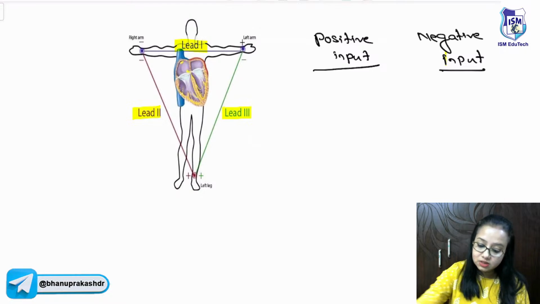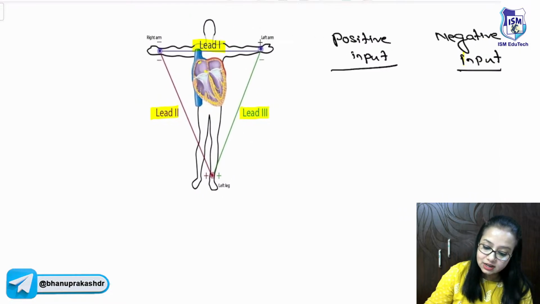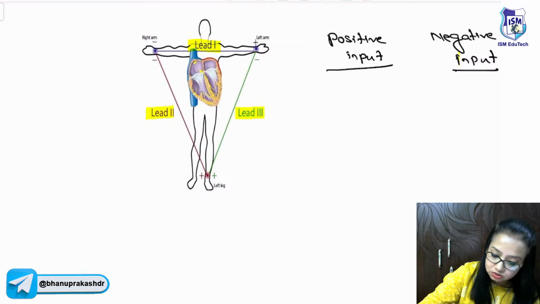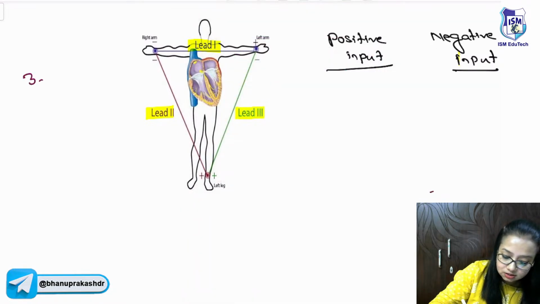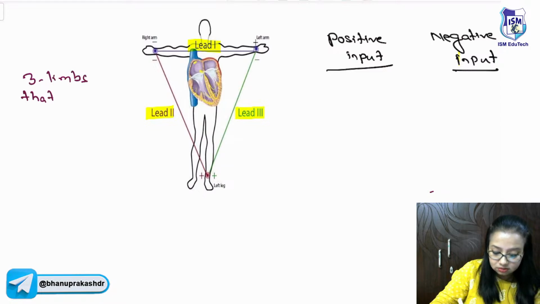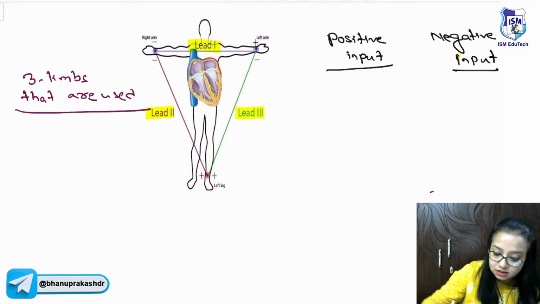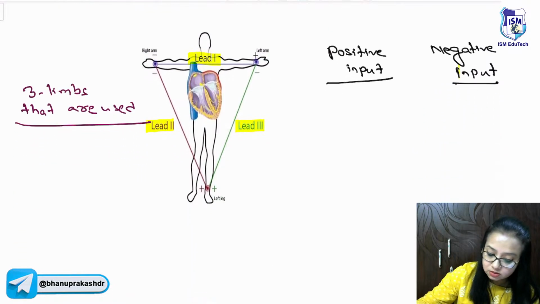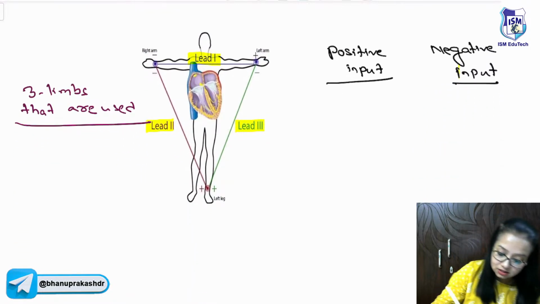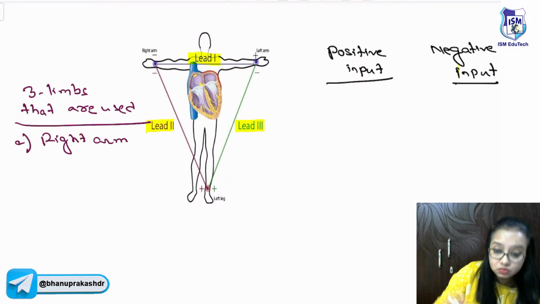Okay. Now, the 3 limbs that are involved, before we go into the leads, the 3 limbs that are used in the bipolar limb lead system to study the ECG. What are they? They are the right arm, one limb.